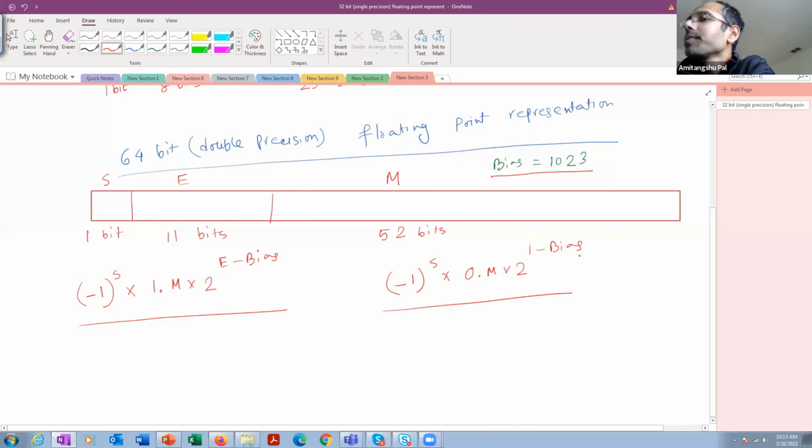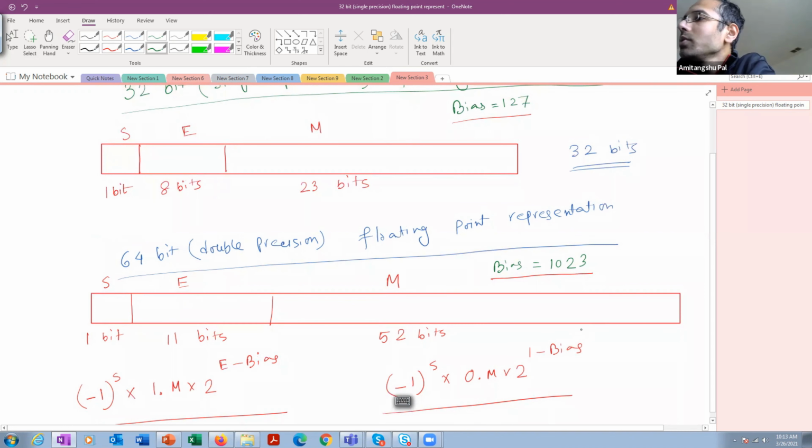If you notice, the bias term is higher than that of the 32-bit representation, which means we can use this for increasing the level of precision. So 2^(1 minus bias): if I write bias equal to 127, it is going to be 2^-126, which means we will be able to represent numbers with higher precision.